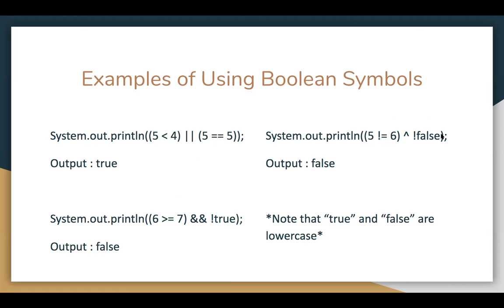And there's 2 trues, so that comes out to a false. So just note that true and false are lowercase. Java has it in lowercase, so when you're writing stuff like this in Java, make sure that you're spelling it with a lowercase false and a lowercase true. Otherwise, you're going to come up with an error.